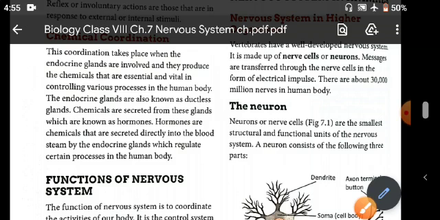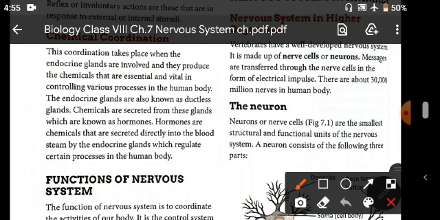Endocrine glands are called ductless glands, because no duct is found; the chemicals secreted from these glands are known as hormones.